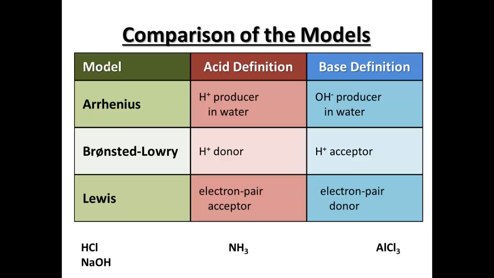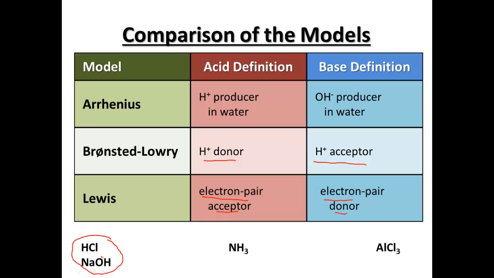So to summarize our models: Arrhenius produces hydrogen ions for the acid or hydroxide ions for the base. Bronsted Lowry donates the hydrogens for the acid and accepts the hydrogens for the base. For Lewis, an electron pair is accepted for the acid and an electron pair is donated for the base. So our models have just changed over time.